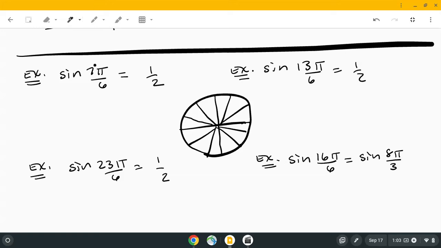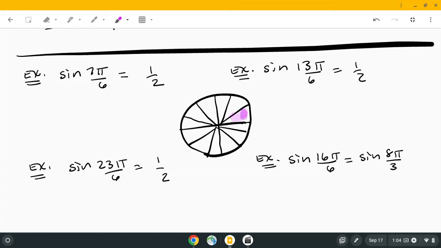So over here we have 7 pi over 6. We want to count sevenths of pi over 6.